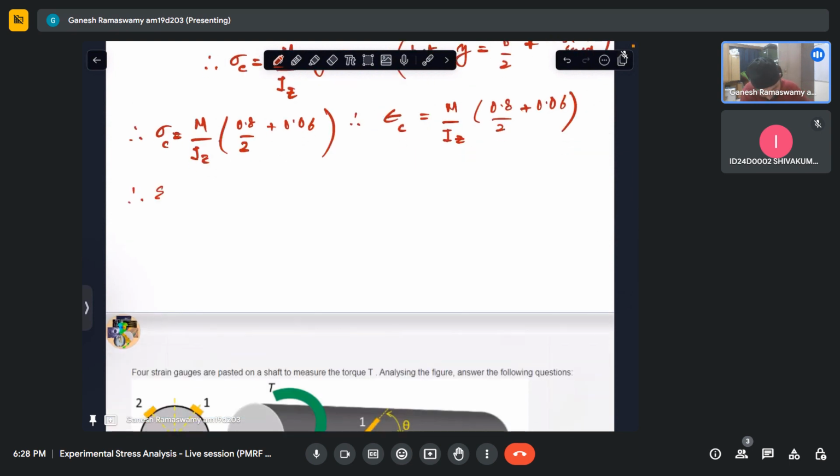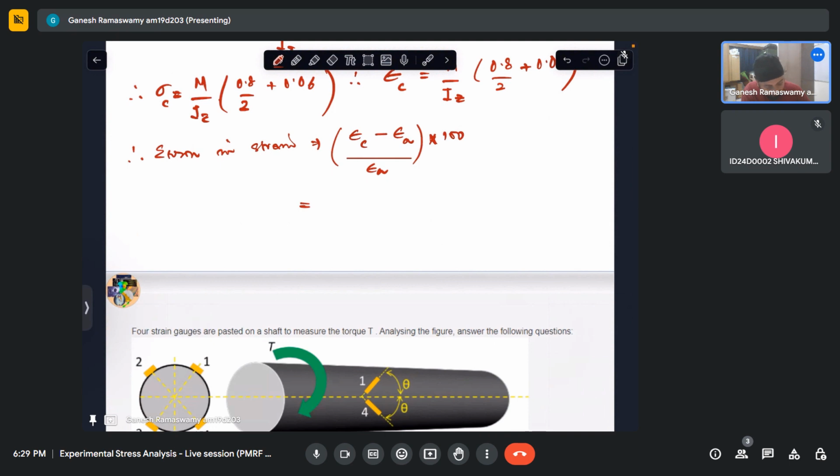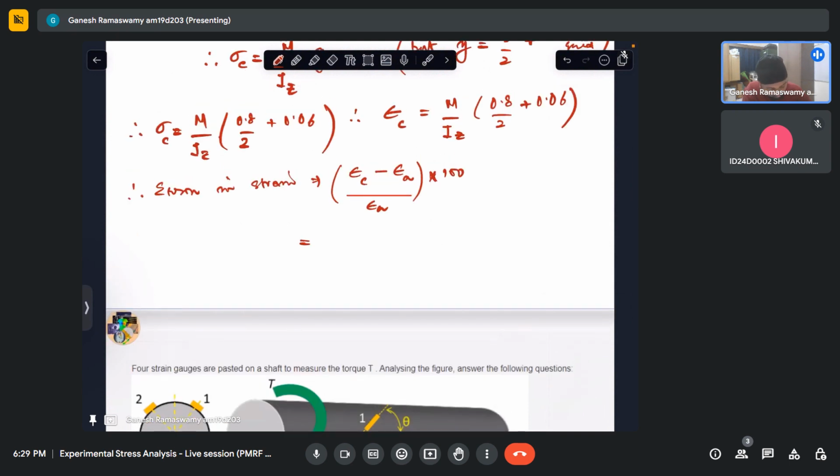So therefore, the error in strain measurement is nothing but epsilon C minus epsilon A, by the actual epsilon A, into 100. We're taking it as a percentage. So what does this come out to be? M by Iz cancels out, so I need not even write it.